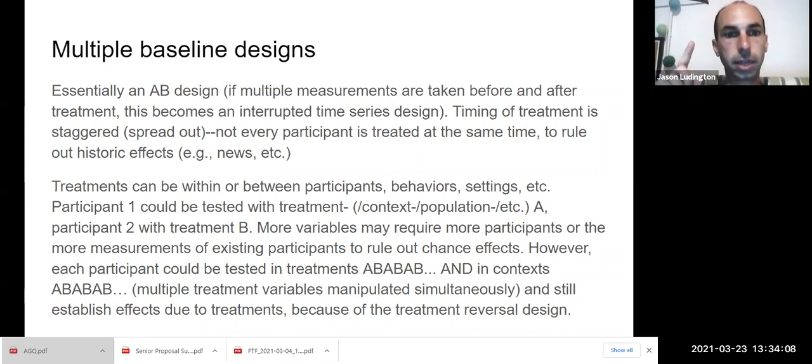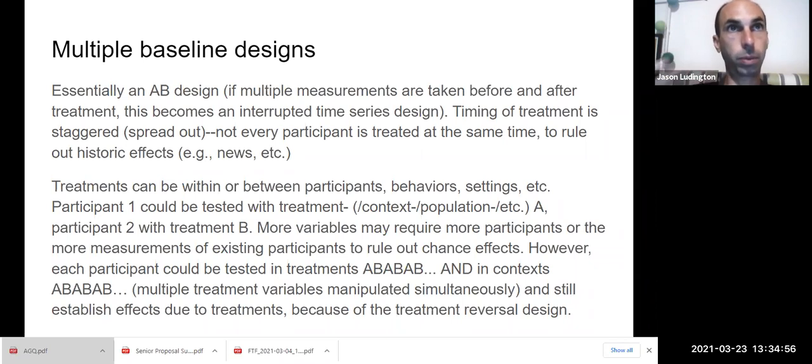whether you use one subject or more than one subject, because of the strong internal validity of the treatment reversal design, you're able to test not only one experimental factor at a time, you could test multiple factors at a time and still get good, high validity evidence of the impact or influence or contribution of these different kinds of variables on your measurements.